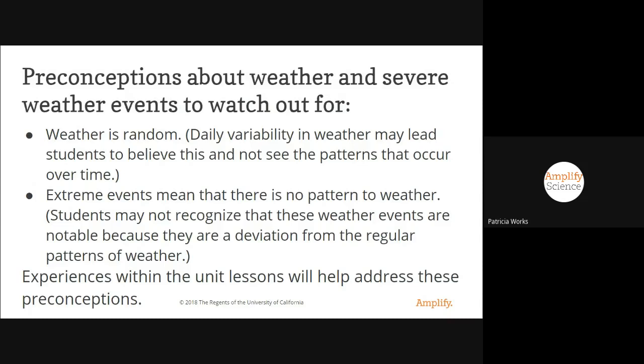They may also think that extreme events mean there's no pattern to the weather, and they may not recognize that these weather events are notable because they're a deviation from the regular weather pattern. Don't worry though, experiences within the unit lessons will help you to address these common preconceptions.